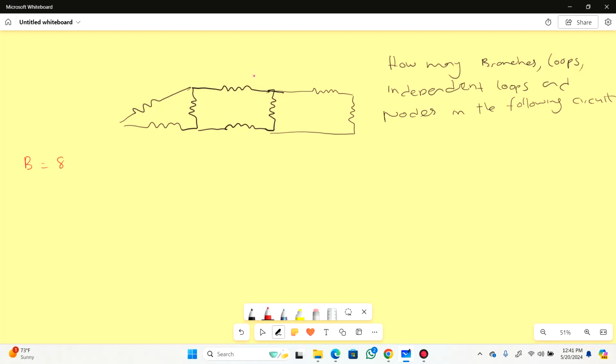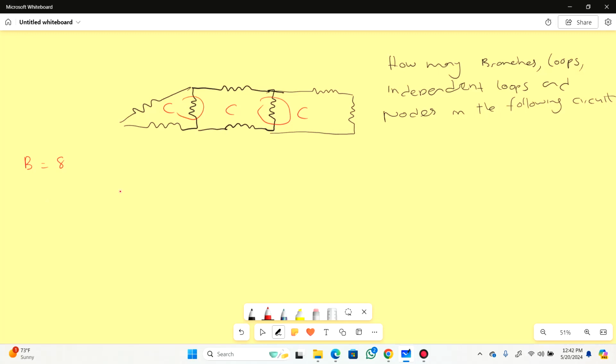Now let us look at how many loops. Notice how I say loops and not independent loops. So we have a loop here, 1 2 3. We have this loop here, 4.